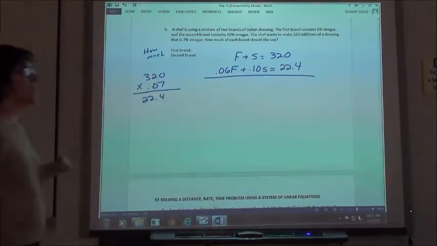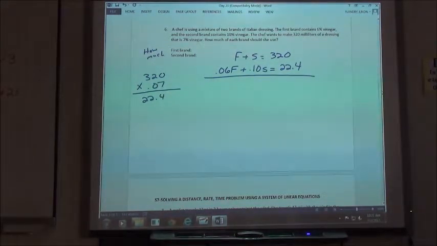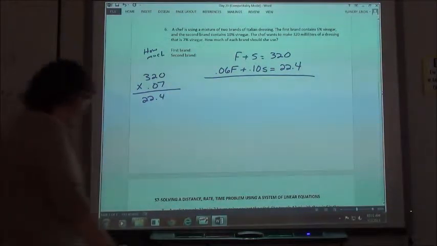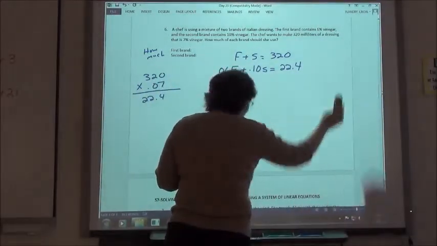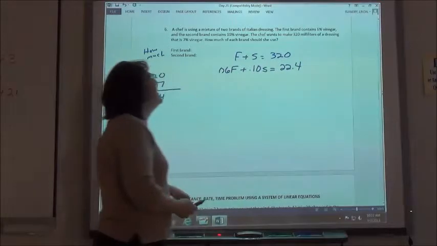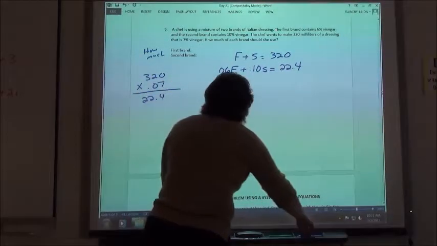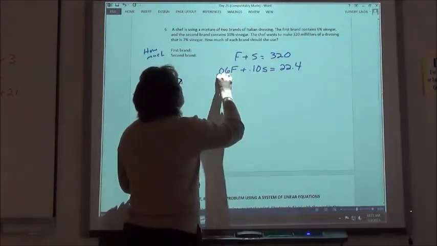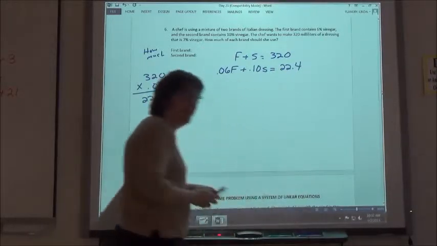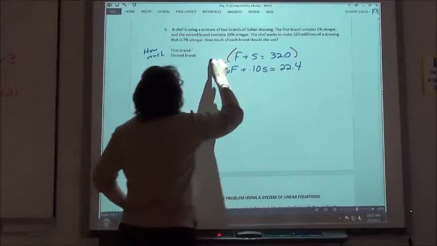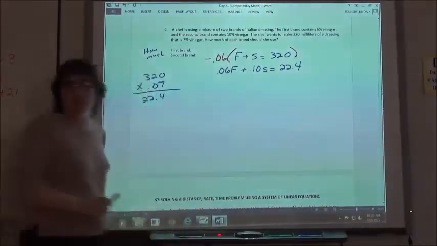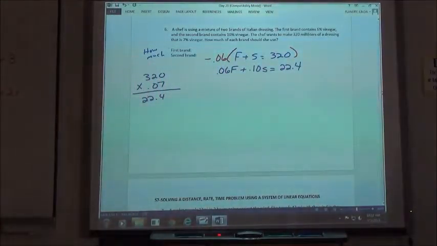The 7% is not very much, right? So if I want to get rid of my F's, I'm going to multiply the top equation times negative 6%, or negative 0.06, so that I have opposites in front of my F's. So what's my new equation going to be?